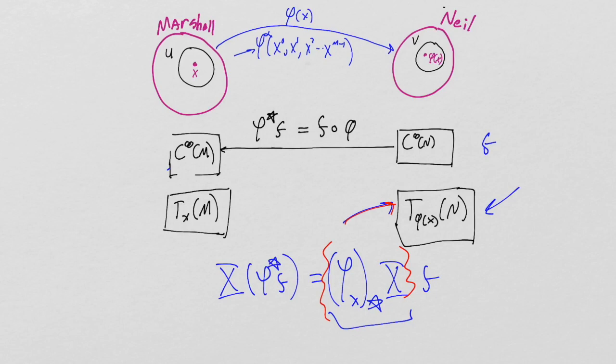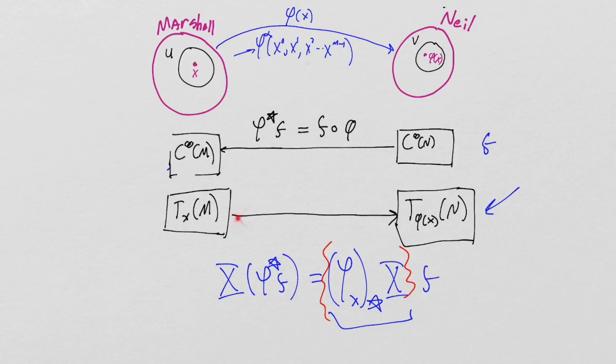First, let me erase this and notice, first of all, the direction. The direction goes from Marshall's tangent space to Neal's tangent space. So it follows the same direction as the transfer function. I'm trying to call this the transfer function, connecting Marshall to Neal, just to give it a name.